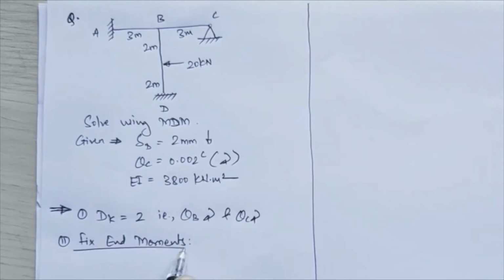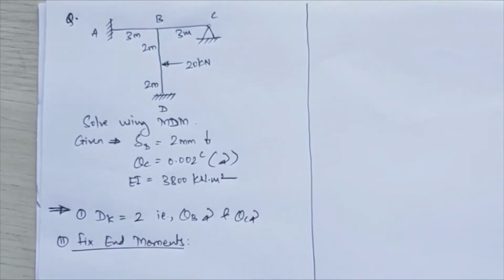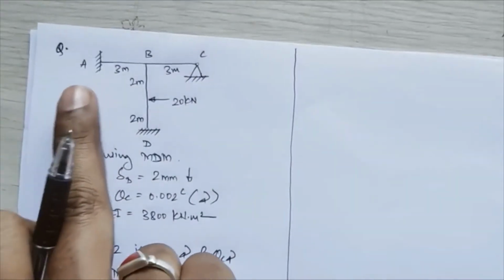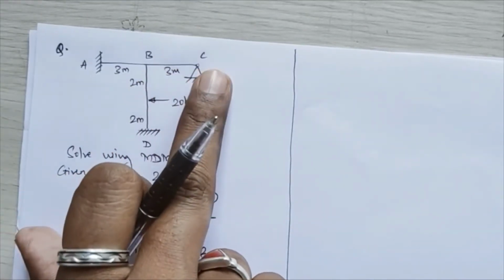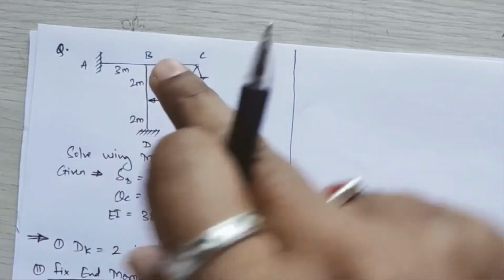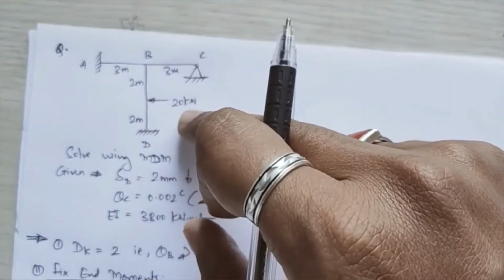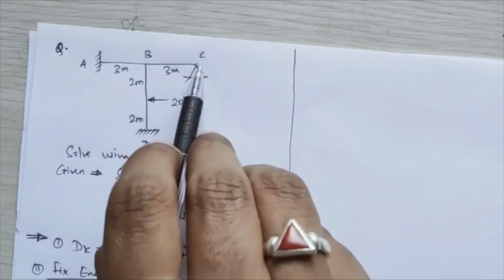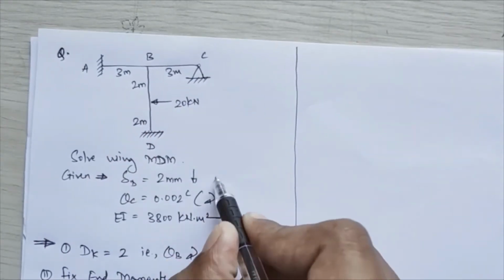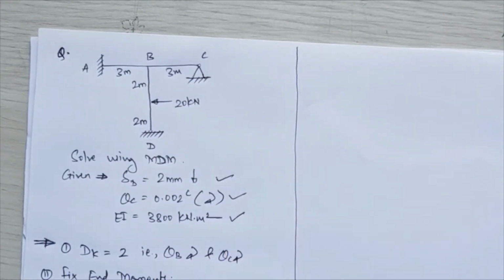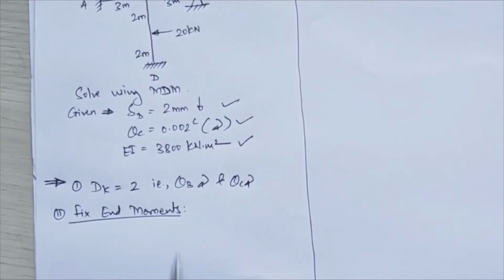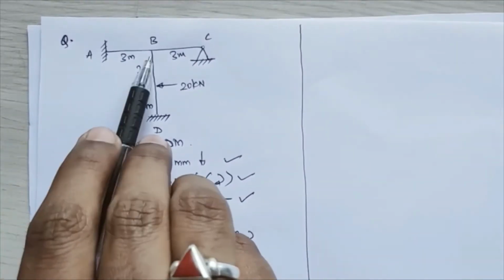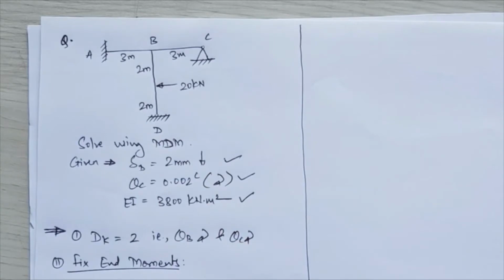We'll calculate the fixed end moments. Now if you see properly, in span AB and span BC there is no loading provided, while in span BD a load of 20 kN is provided at the center. But for spans AB and BC, these additional conditions are given to you, which will introduce the fixed end moments. So you cannot say that when loads are not given, the fixed end moments become directly 0.